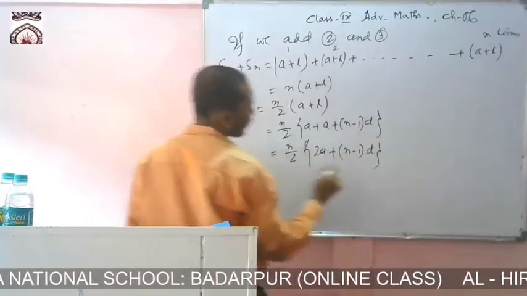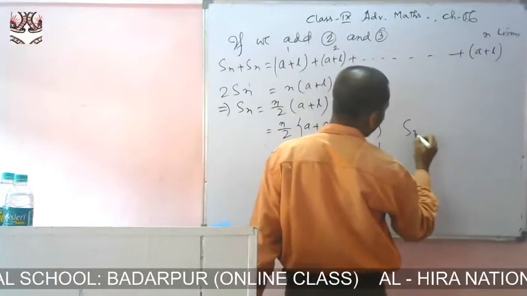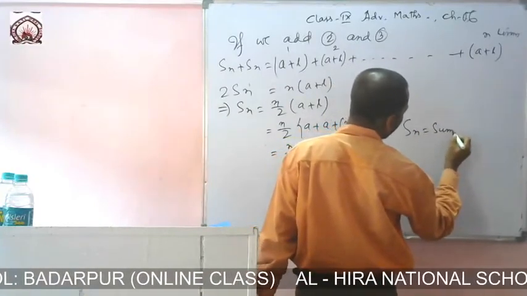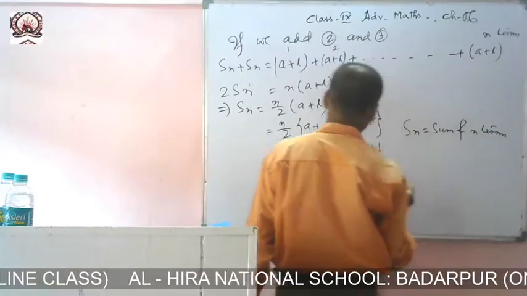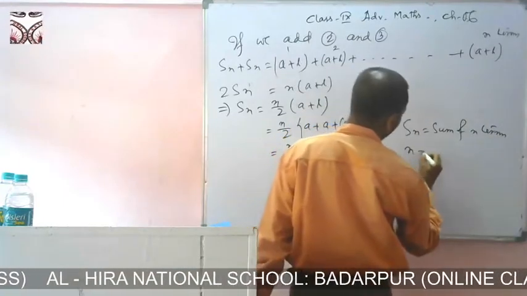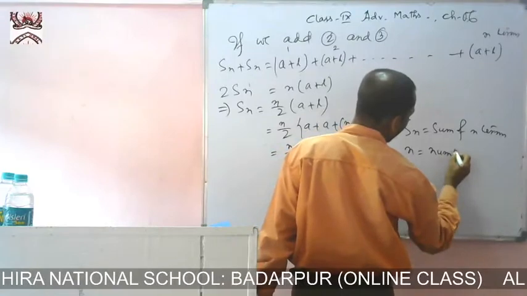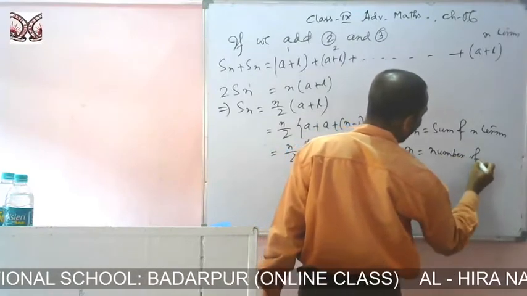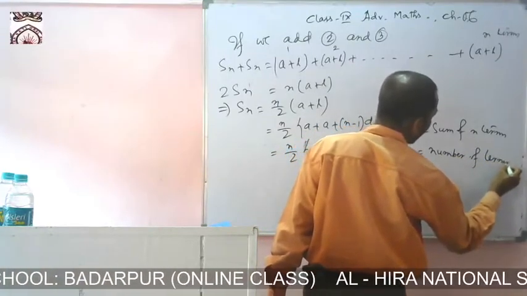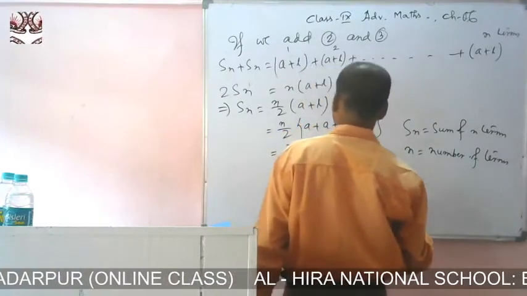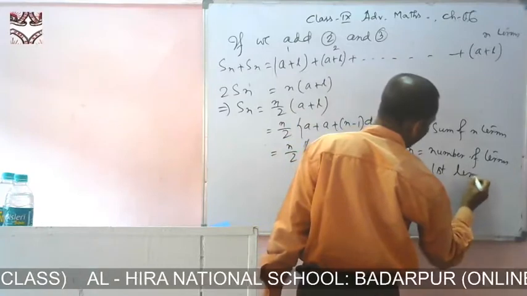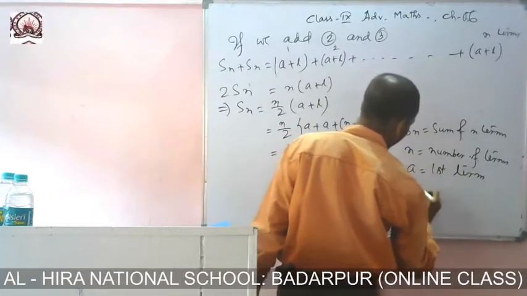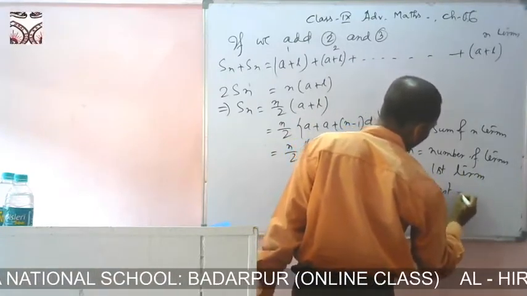So you see, Sn is called the sum of n terms, n is called the number of terms, a is called the first term, and L is called the last term.